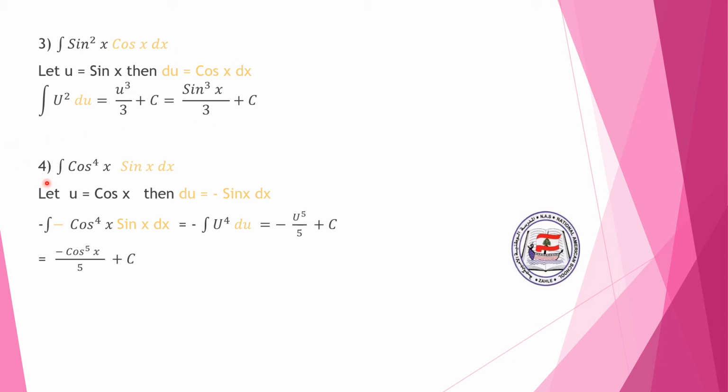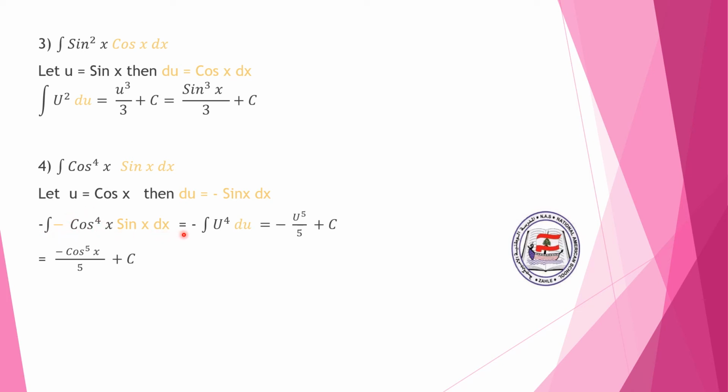In example 4, integral of cosine to the 4 of x sine x dx. So let u equal cosine x, then the derivative of u is equal to minus sine x dx. Multiplying by two negative signs, we get minus integral of minus cosine to the 4 of x sine x dx.